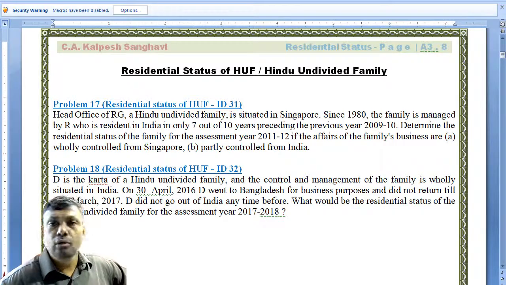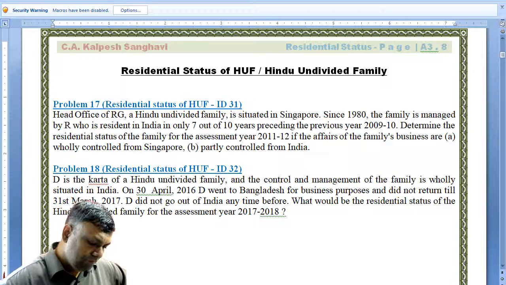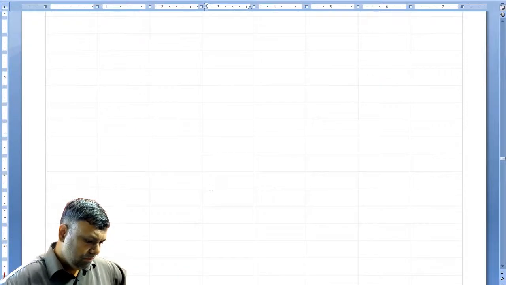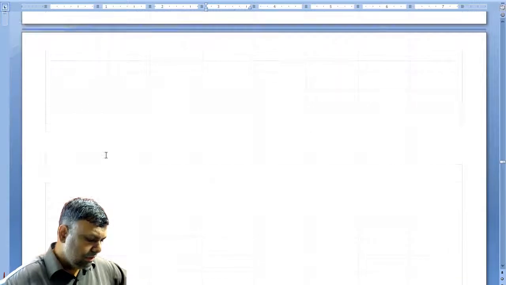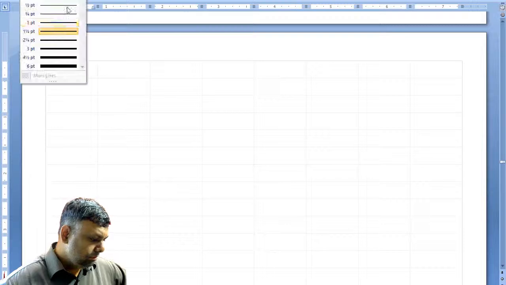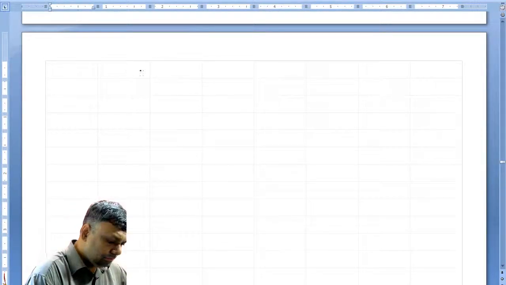And if that test of control and management gets satisfied as per the provisions of the law, then accordingly you take the decision. Correct. So first of all, let's take up that particular decision. And only thereafter, we can go to the next level. Okay. So let me start with my question. ID number is 31.